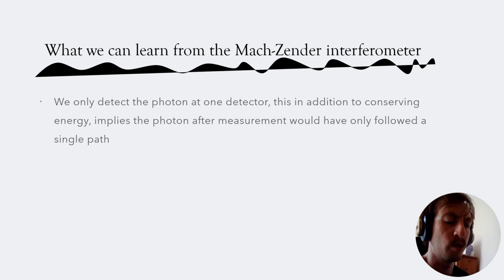That would violate the conservation of energy, because before it enters a quantum state we have one photon with one energy, and when we detect it, we detect a photon with the same energy, or at least detect the interaction associated with a photon with that energy.